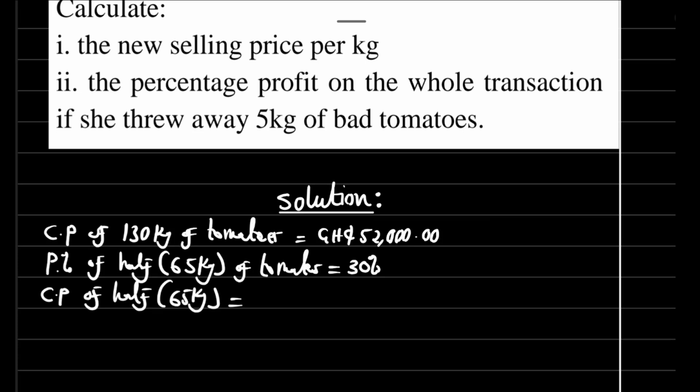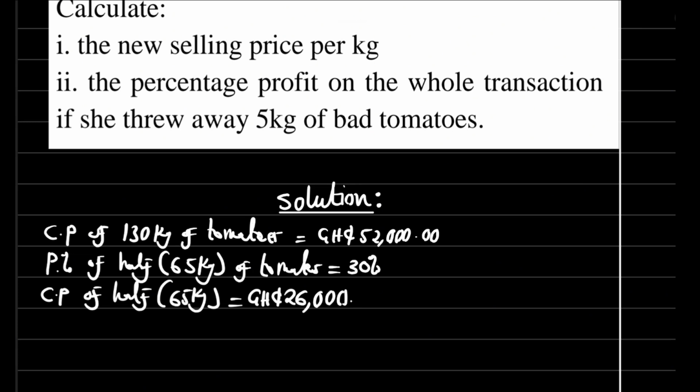We know that for 130 kg, the cost was 52,000. So if you have sold 65, then half of the total should be 26,000 Ghana cedis. So we have the cost price of 26,000 for the half of the tomatoes that have been sold.